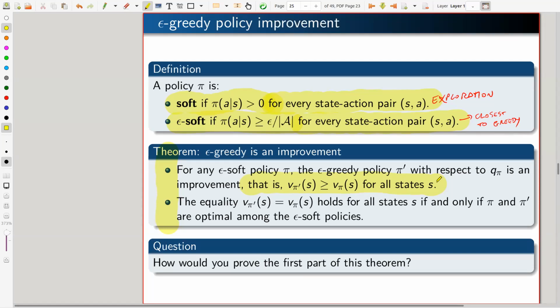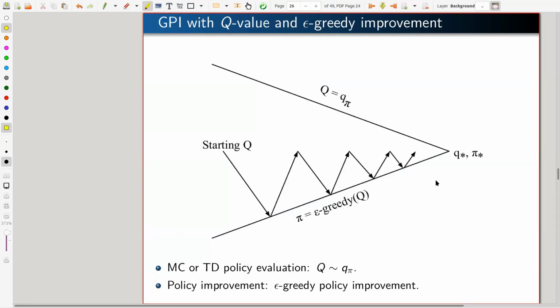Okay, and let's go on. This is just a quick slide to tell you that then we are settled. Now we know how to do the control cycle. That is, we know how to do the policy evaluation. We know several methods for doing the policy evaluation, that is, with Monte Carlo or temporal difference methods.